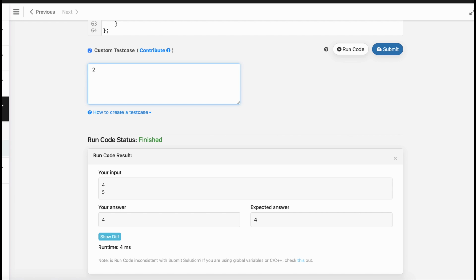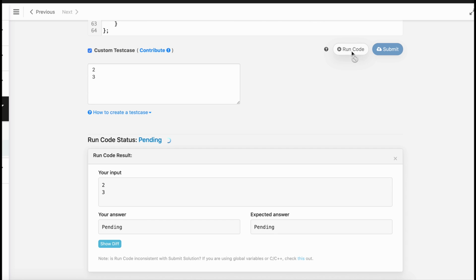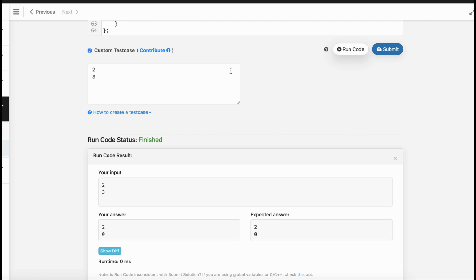Let's say 2 and 3. 2 is 1 0, 3 is 1 1. It should give us 2 now.